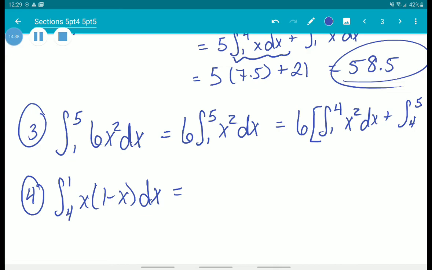So first off, you notice that the limits are kind of messed up, right? But we can change that by flipping the signs. Now, also notice that I don't have a multiplication property. But if I distribute, then I'll be able to use the information that I have.